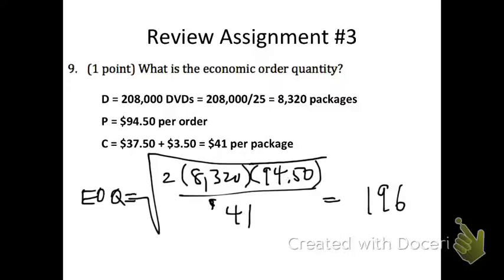So every time we order inventory, every time we fill out a purchase order, based on this model and minimizing order and carrying costs, we will order the 196 packages. So it takes some of the decision-making process away and puts it into this scenario.